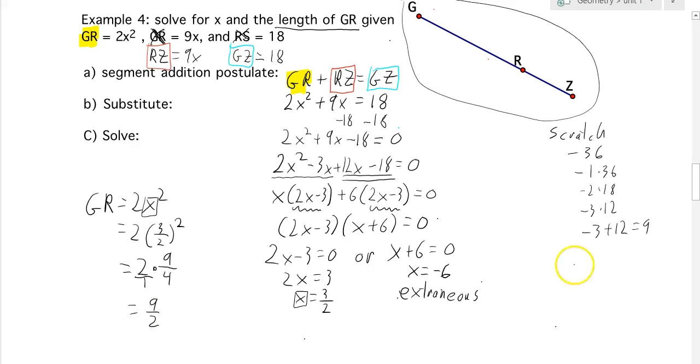There's a couple of ways to do that. 2 over 1 times 9 over 4, you can cancel. 4 is 2 times 2, so one of the 2's can become a 1. 2 divided by 2 is 1, leaving you with 9/2.